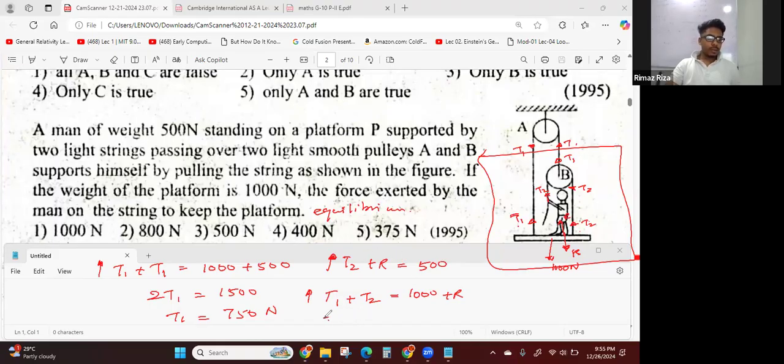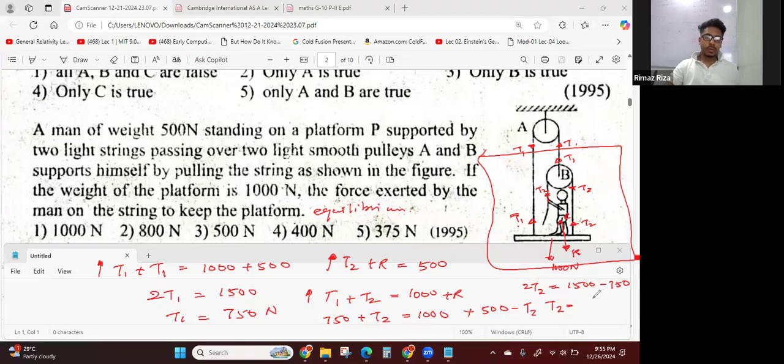So P1 is 750, plus P2 is equal to 1000 plus R, which is 500 minus P2. Then we take this P2 to the other side, it becomes 2P2 equals 1500 minus 750.